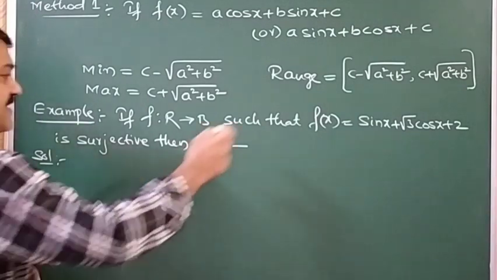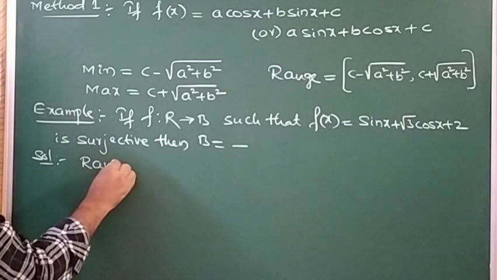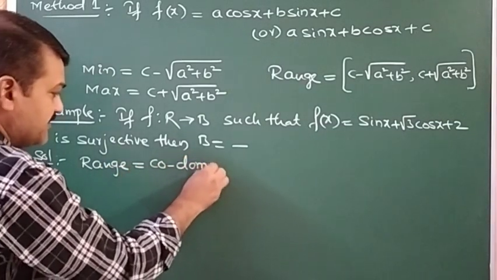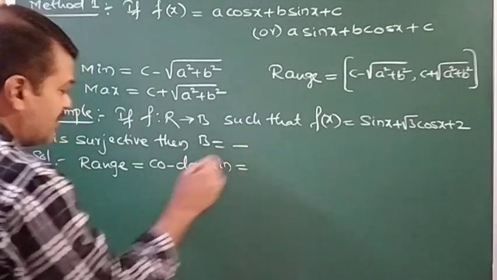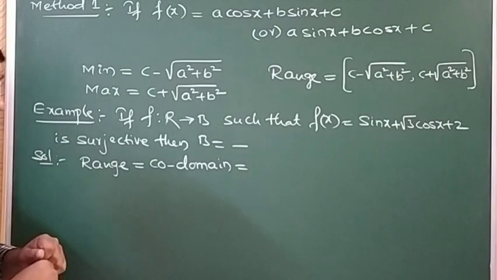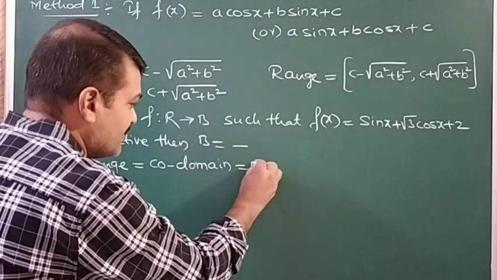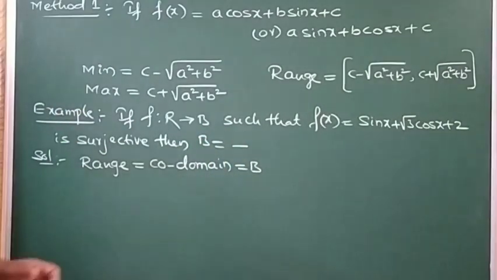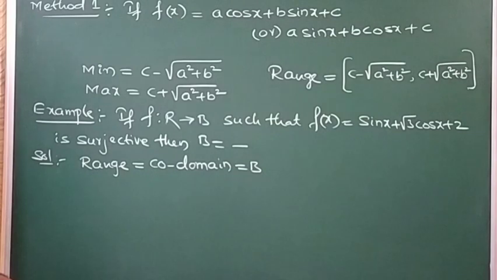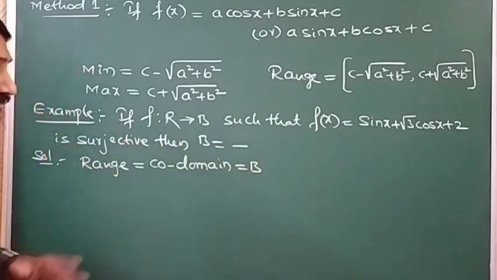So as f is onto, the range of the function equals its codomain, which is B. Therefore, to get the set B, you have to find the range of the function.